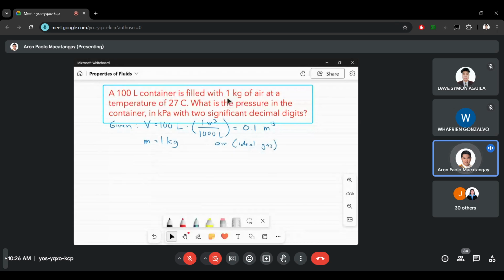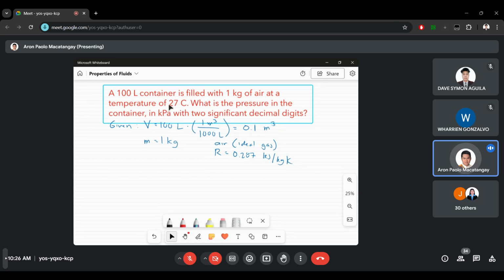So once you read air, it's helpful if you already write the R because you'll use it anyway. So R is 0.287 kilojoule per kilogram Kelvin.